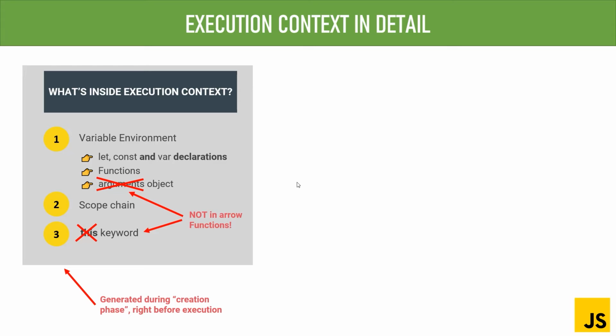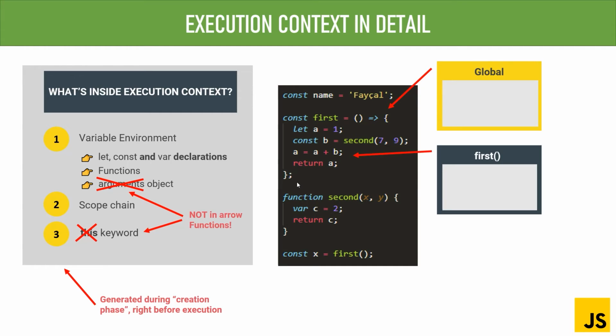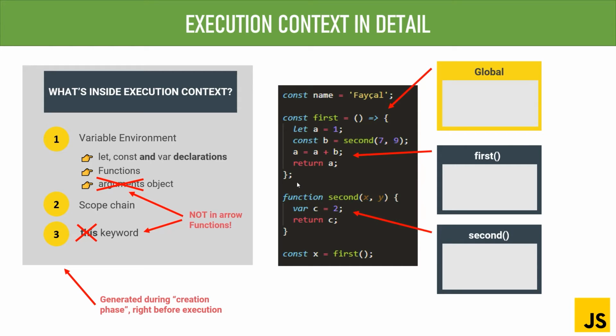And now let's actually try to simulate the creation phase for this code example here. So, as you hopefully know by now, we will get one global execution context and one for each function. So one for the first function and one for the second function. In the global context, we have the name variable declaration, the first and the second function declaration, as well as the x variable declaration.